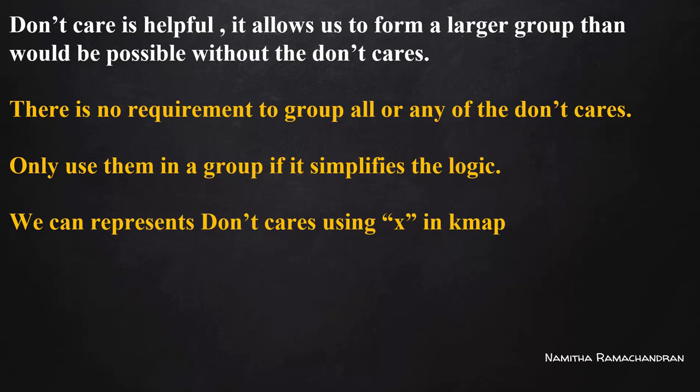But with don't cares, we don't need to consider each and every don't care present in the Kmap. This is based on our requirement. If we want to generate lengthier groups, or make our expression simpler, then we can consider certain don't cares in our group. In the examples, we represent a don't care using a cross symbol.